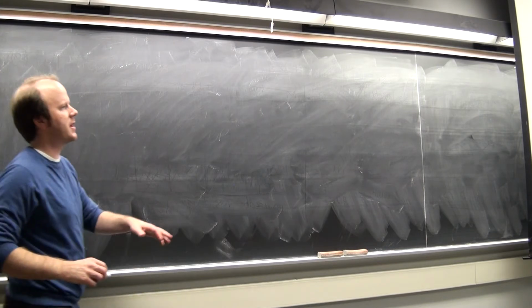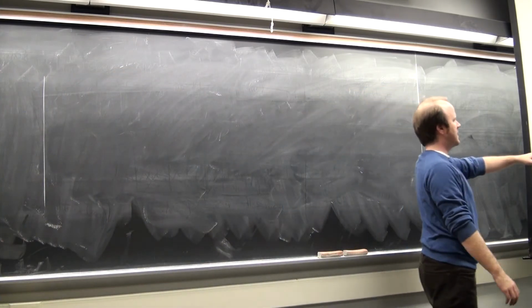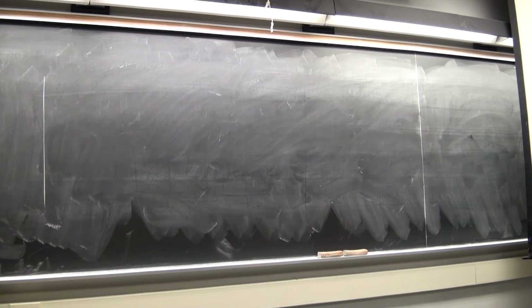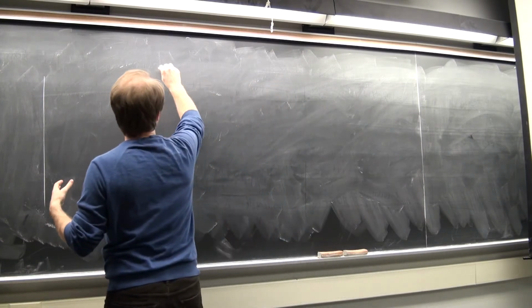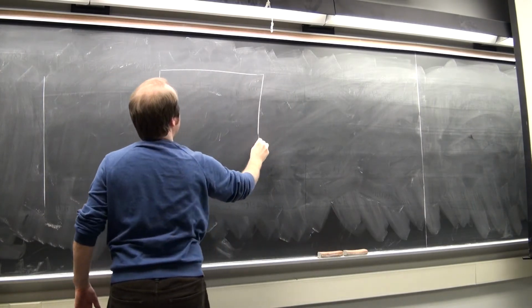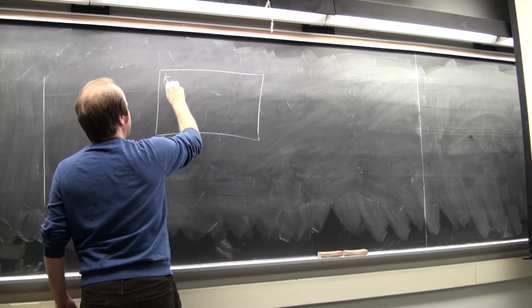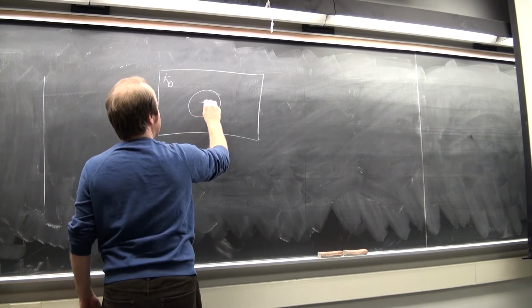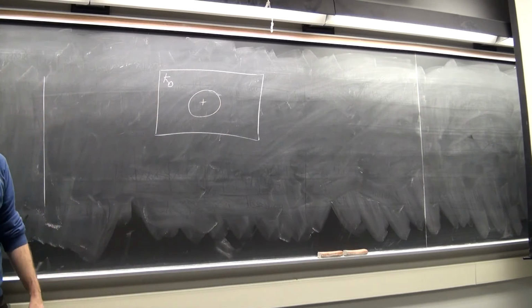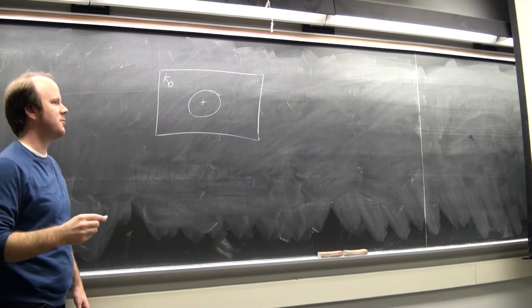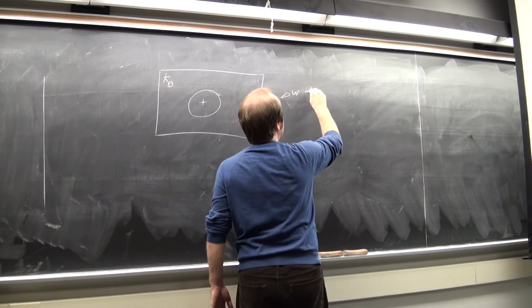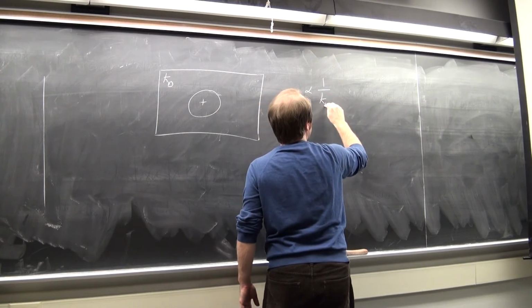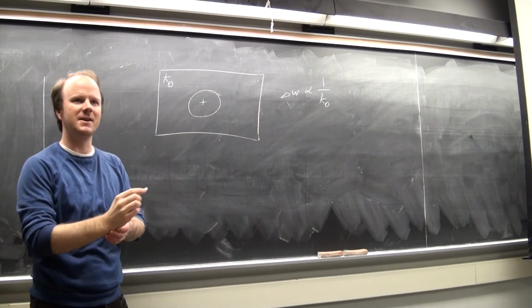So we know that the Born energy is going to be inversely related to the dielectric constant, right? And the Born energy or the self energy has something to do with producing an ion in some sort of dielectric medium, right? And so we know that the Born energy is going to be proportional to 1 over kd.